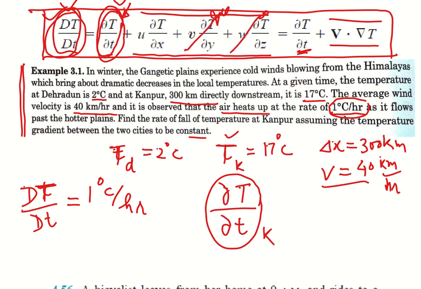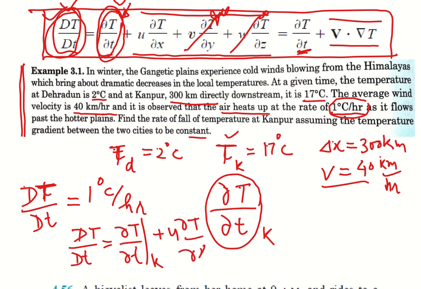So you are left with this equation: dT over dt is equal to the local rate of change plus u del T over del x. So this is given, 1 degree centigrade per hour.